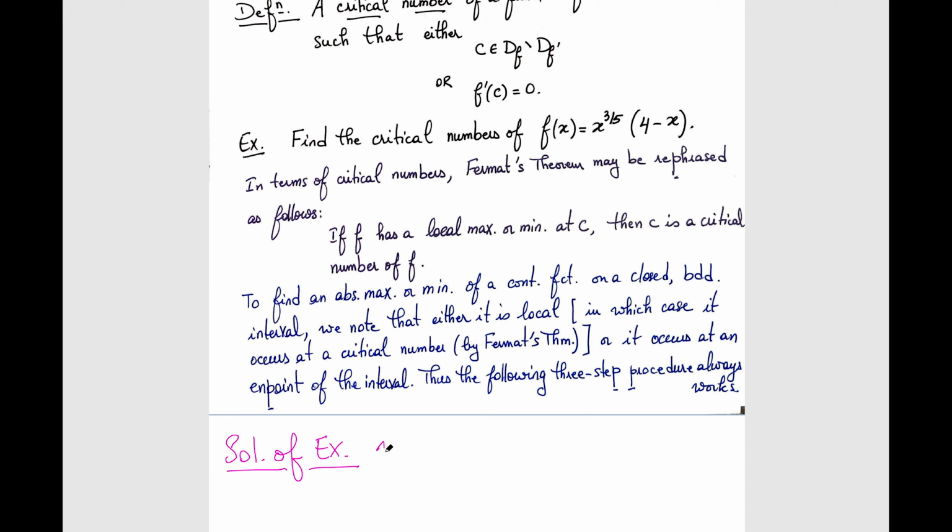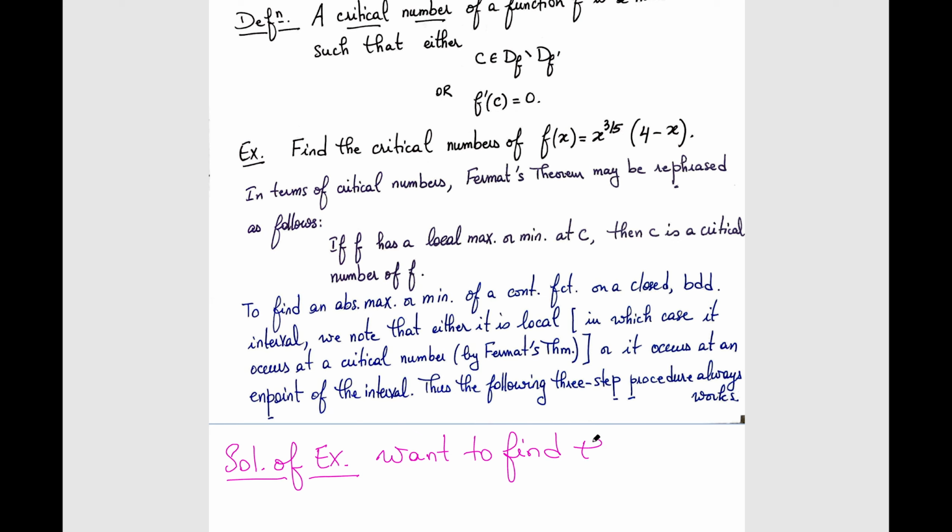So we want to find the critical numbers of the function f of x equals x to power 3 over 5 times 4 minus x.